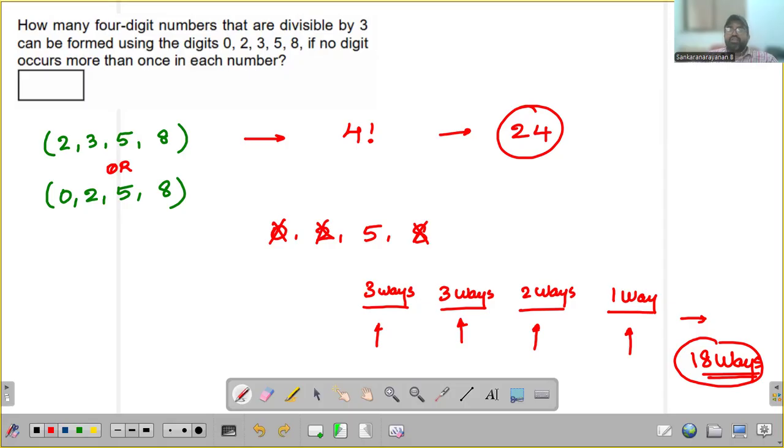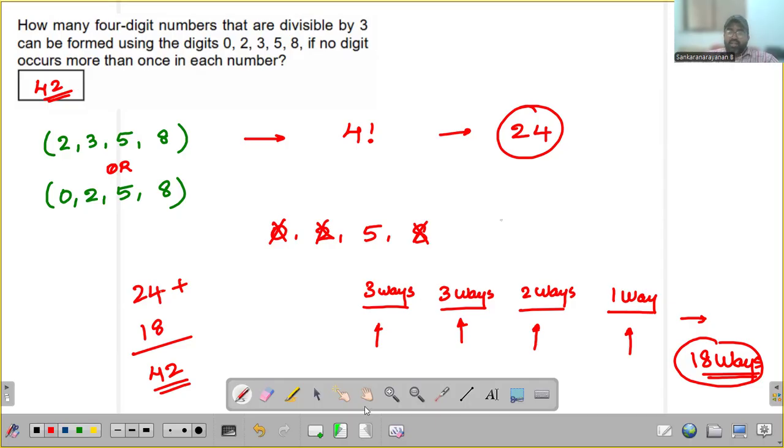So the total number of ways is 24 plus 18. Why am I doing plus here? It is either this way or this way. So it is 24 plus 18, and my answer is equal to 42. So for this particular question, my final answer for the 6th question is 42.